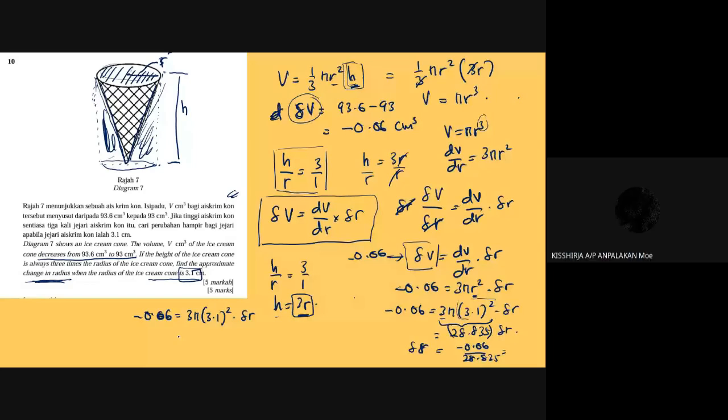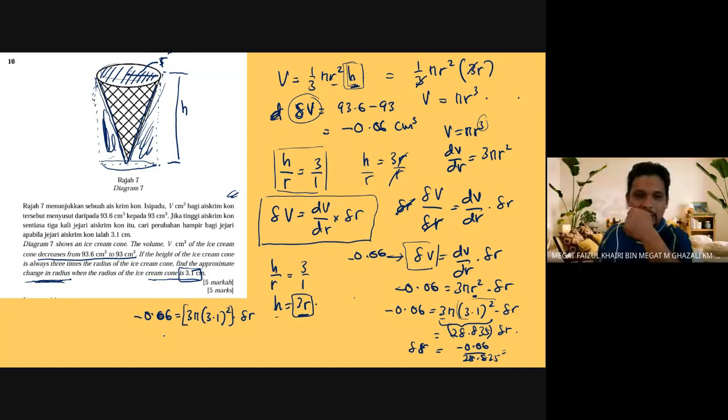Okay, then correct. Now it's negative 0.06 divided by 28.835. So delta r means negative 0.06 divided by 3 pi times 3.1 squared.